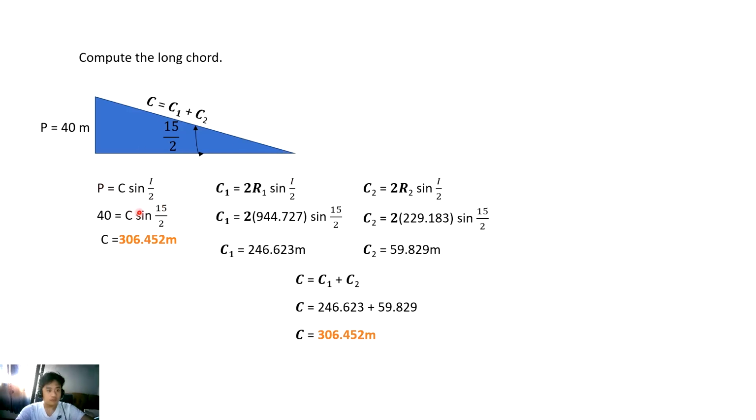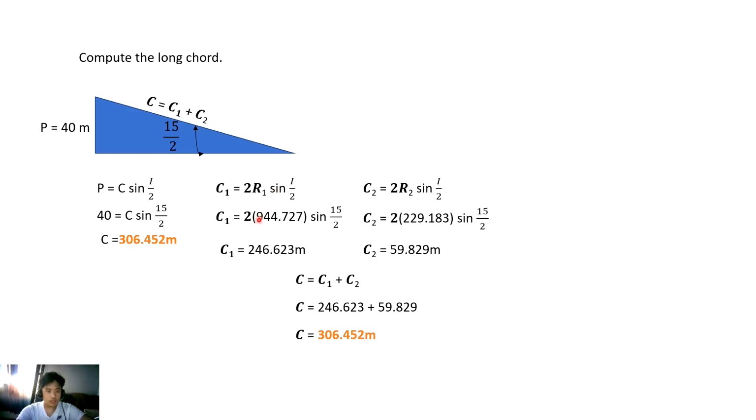So, i-derive ulit natin para makuha yung C. Pero, since ang ginawa ko para mas mabilis, nilagay ko na lang agad siya sa calcu. So, 40 equals C sin 15 over 2, and we'll get 306.452 meters.